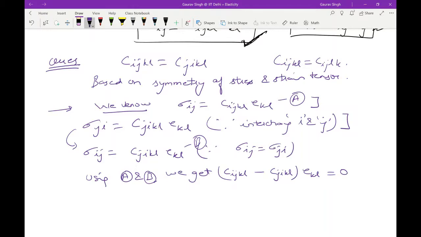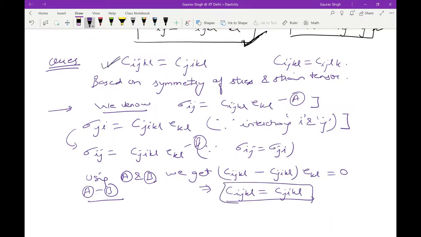Okay, you can just subtract A minus B. Now this equation is valid at one point obviously, but it's valid for any arbitrary component of strain. For any value of strain this should be true. So this implies that Cijkl is equal to Cjikl, and that proves your first property.